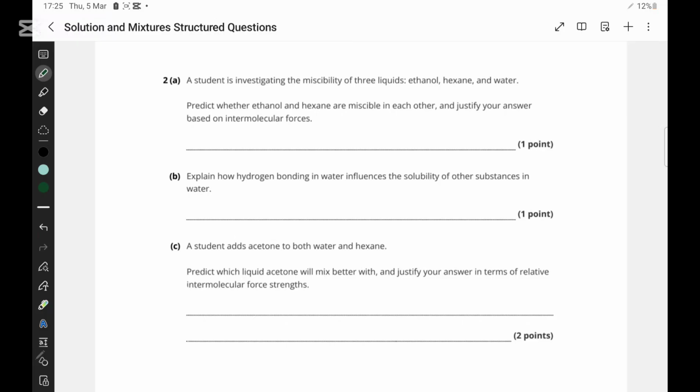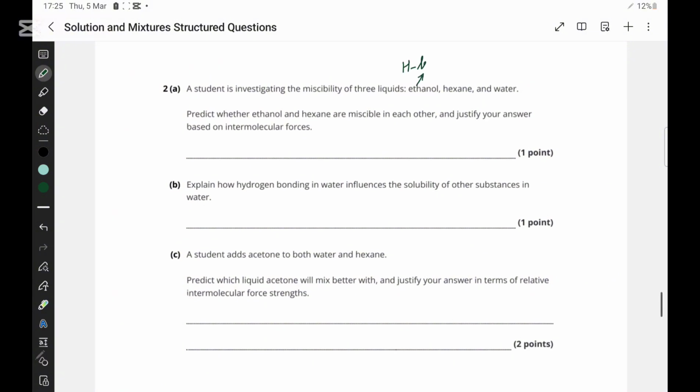A student is investigating the miscibility of three liquids: ethanol, hexane, and water. Ethanol has hydrogen bonding, while water also has hydrogen bonding, because they both are polar. While hexane is non-polar.